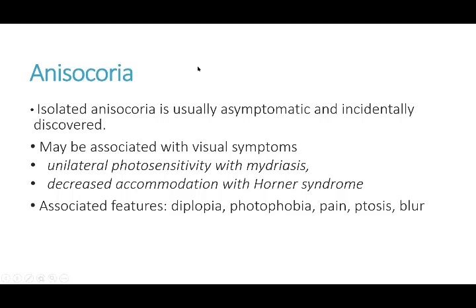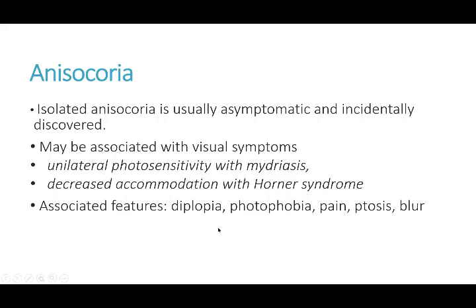Now, anisocoria. Isolated anisocoria is usually asymptomatic and incidentally discovered. This could be physiological. We said that 20% of them are physiological. It may be associated with visual symptoms. If there is anisocoria, there can be unilateral photosensitivity with mydriasis, decreased accommodation with Horner's syndrome.